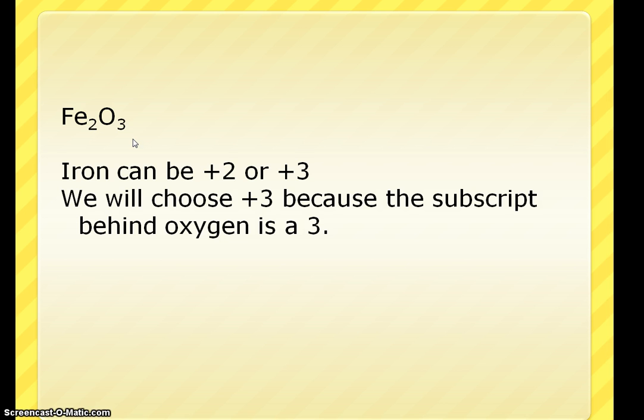So remember in our last PowerPoint, we would have started with Fe +3, and then that +3 would have transferred down or crossed over to the oxygen. So because of that, if we can uncross the charges, we can put it back where it started from originally. And we're going to pick iron with a +3 option. So we would say iron 3 oxide.